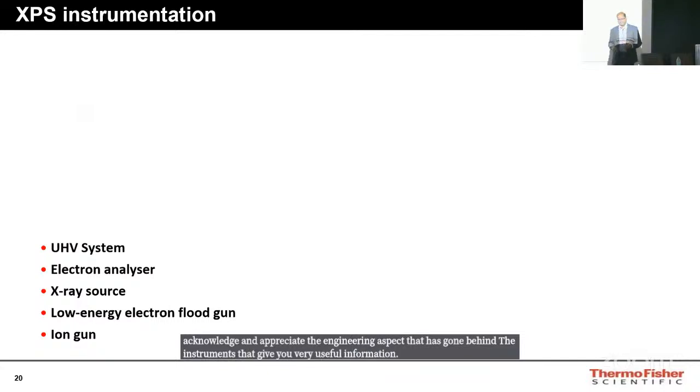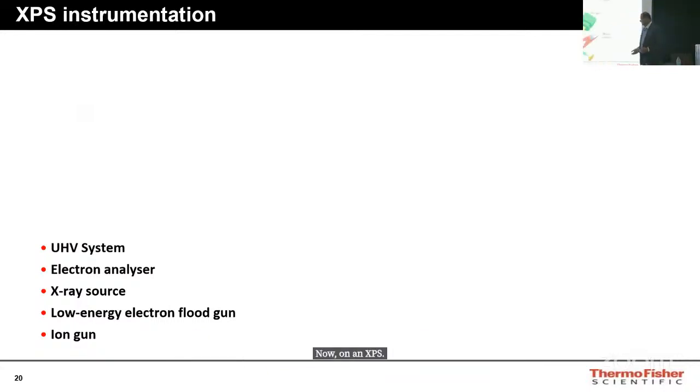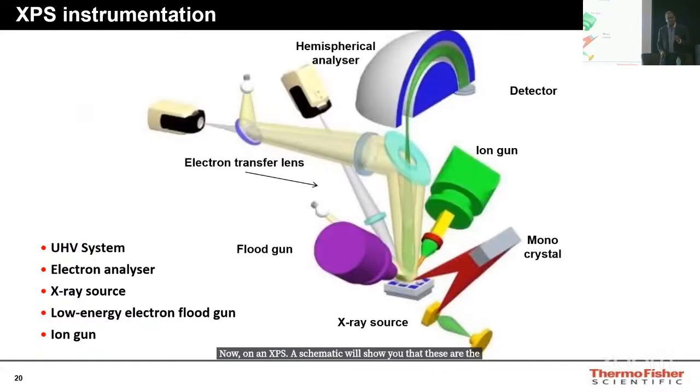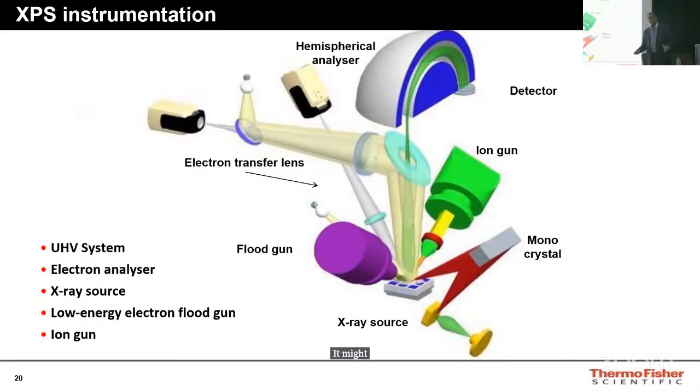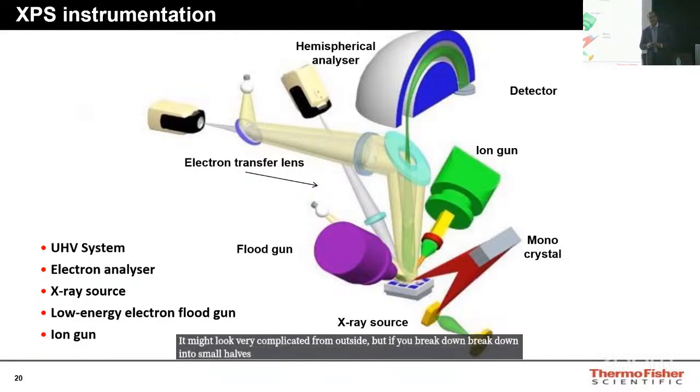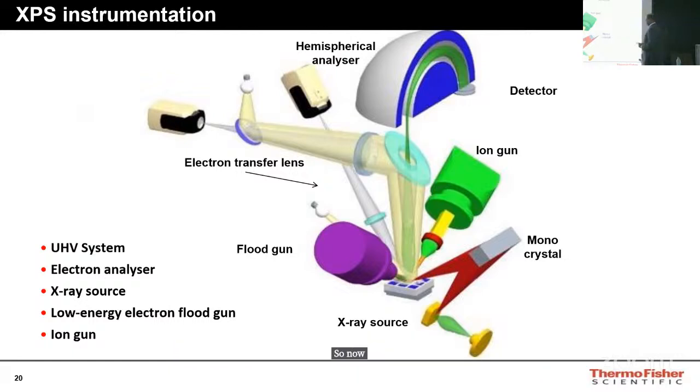On an XPS, a schematic will show you the critical equipment, the main parts of any XPS system. It might look very complicated from outside, but if you break it down into small parts, our understanding gets better. So where do we start?